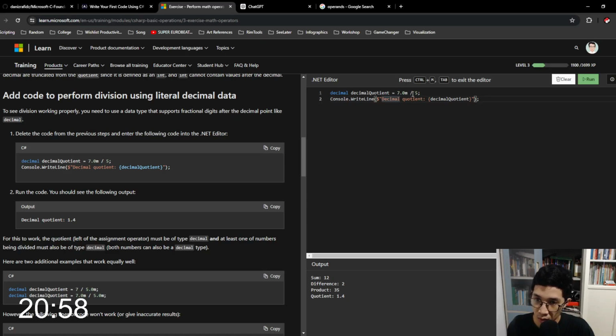7.0 divided by 5, and they use the $ sign, so it's interpolation. Don't forget that interpolation before the literal string, so anything inside the braces will work because of this $ sign.